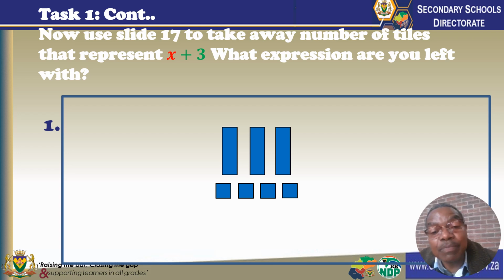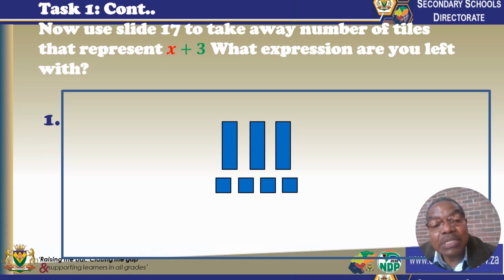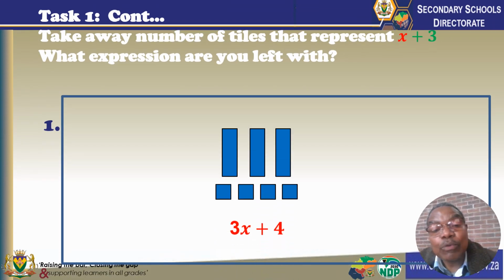We'll be left with 1, 2, 3 x and 1, 2, 3, 4 units. So this is the result we obtain at the end, 3x plus 4. This is just a basic operation: when you subtract, it means that we must take away what we have from the original. It's not the same as when you add.